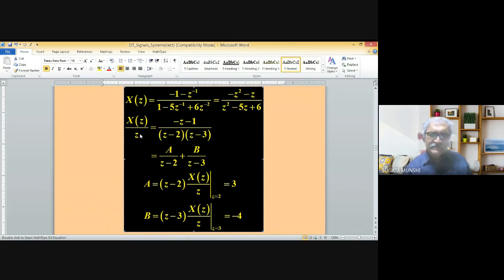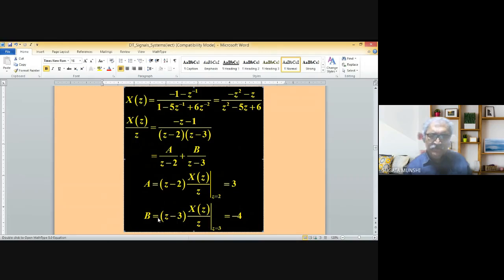Now X(z) by z, you express in terms of partial fractions: A by z minus 2 plus B by z minus 3. So A will be (z minus 2) into X(z) by z with z equal to 2, which comes out as 3.